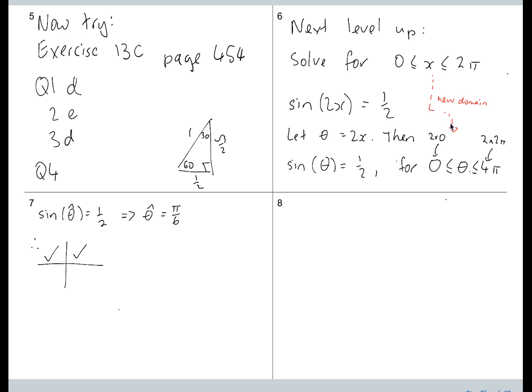So for theta between 0 and 2 pi, you could do this in one diagram, but I'm going to split it into two. For the first rotation, I'm going to have pi on 6 here and pi on 6 here. So my first rotation is going to be here and to here. Is that okay?